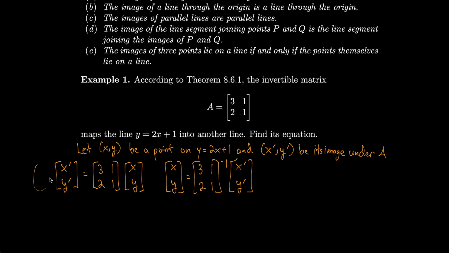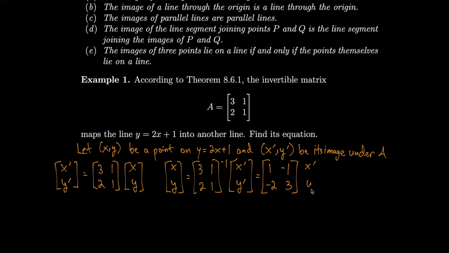You just multiply both sides by the inverse, and then the inverse cancels with A because of the identity, so we get (x, y) by itself. Just taking the inverse, we get [1 -1; -2 3]: swap, make negative, divide by the determinant.